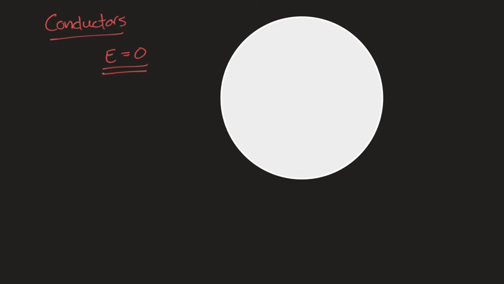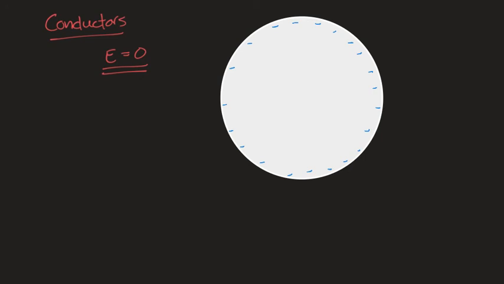All negative charges repel. And because all negative charges repel, the outside edges of all conductors will contain all of the free-moving electrons. It's not just valence electrons. Metals have a lot of these loosely bound electrons that can kind of just move around from atom to atom.